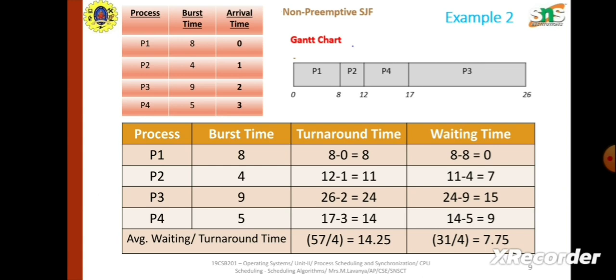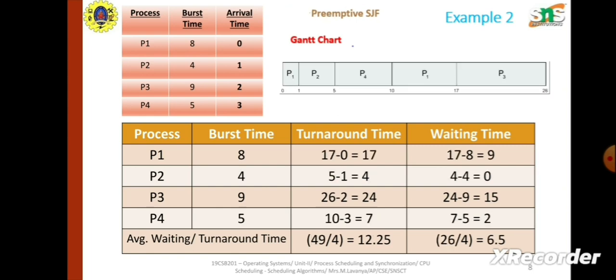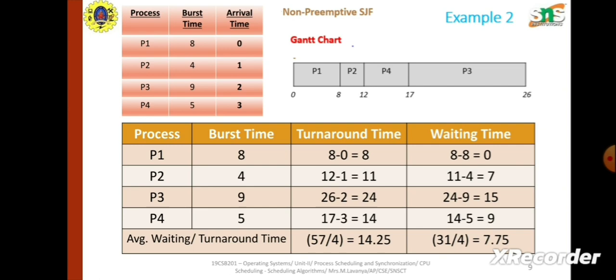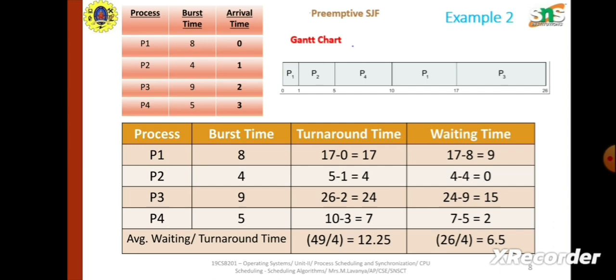For the same problem, while solving under preemptive SJF, we had an average waiting time of 6.5 milliseconds. Now, solving the same problem under non-preemptive, we have got an average waiting time of 7.75 milliseconds. So usually, preemptive SJF is considered the optimal algorithm with minimal average waiting time for CPU scheduling.